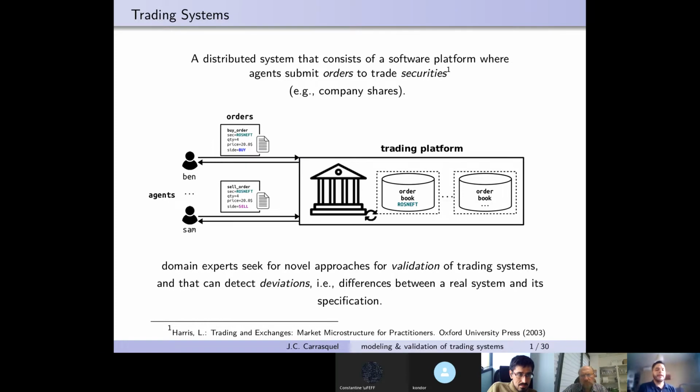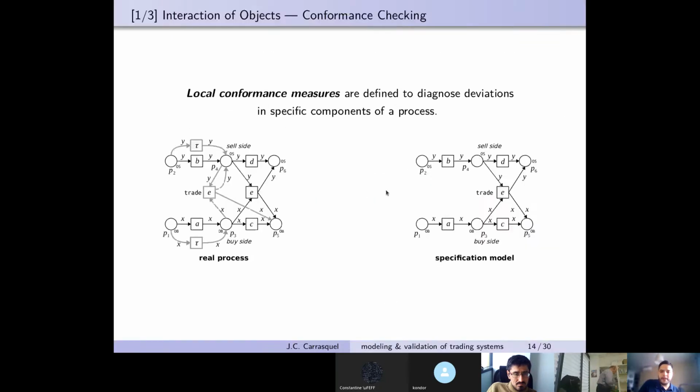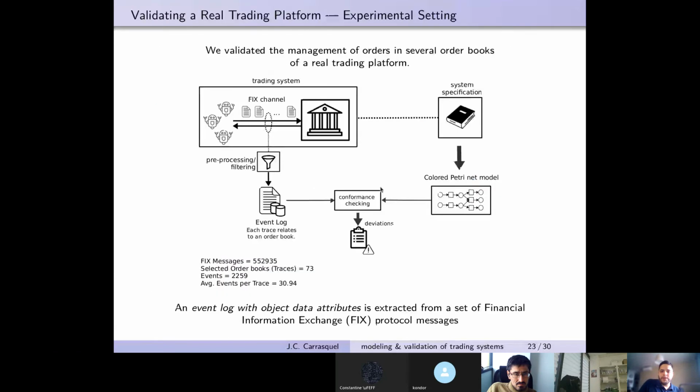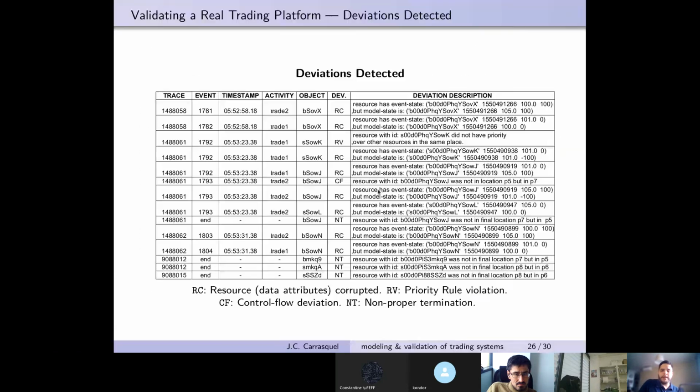Yes, I understand. So the idea in this work, from the practical point of view, is that, for example, the file of deviations, so let me go to the end. So, for example, we have the model, we got the log, these are the problems of the systems.